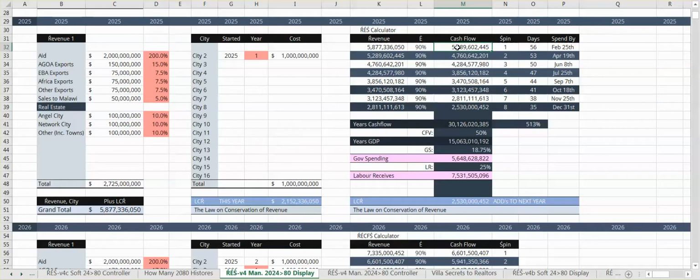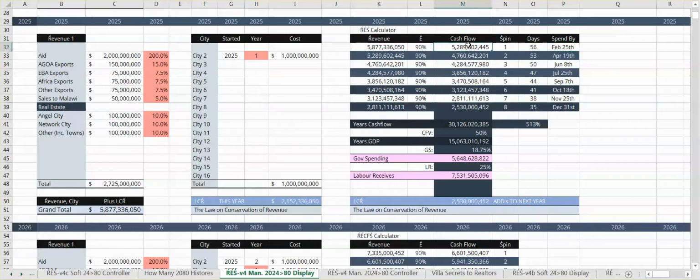So the network as a whole still has 90% of that revenue. This cash flow is then spent before the 25th of February 2025. And the cash flow that remains in the network is free to be spent again come the 26th of February, and is allocated back to the first column of the RES calculator, one row below, ready to repeat the process.